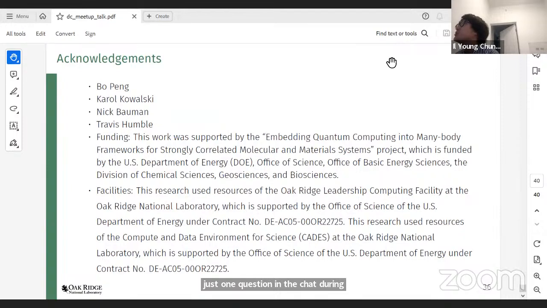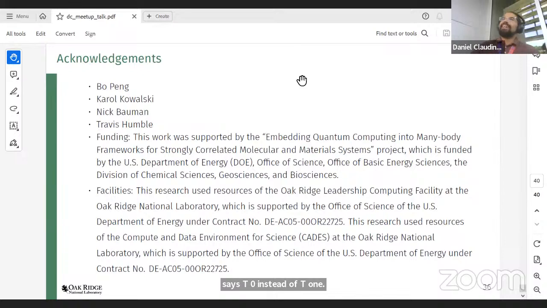It was on YouTube. I think in one of the slides, someone asked why it says T0 instead of T1. It's in the singlet fission slides. Oh, okay, yeah. I'm going against the grain here a little bit, because this is just a matter of convention.